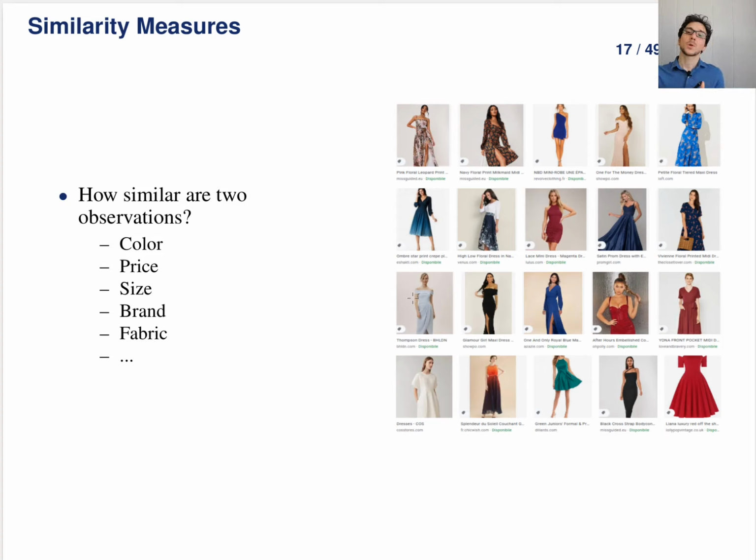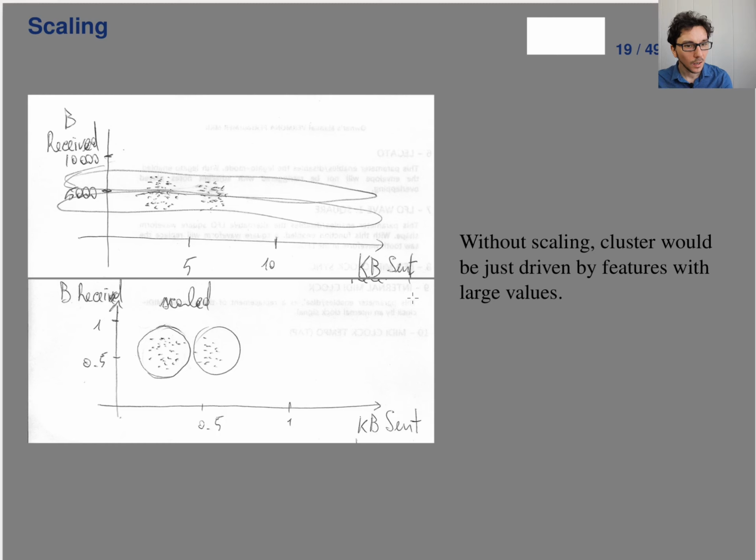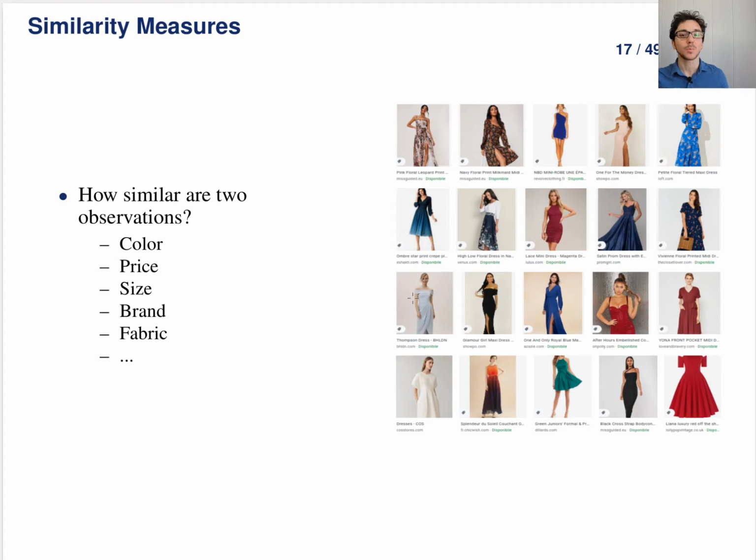So one important hyperparameter is this k. Another important hyperparameter is also the distance measure that you would use. And this is not easy to choose because you have features of different types.